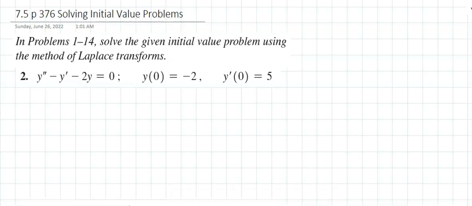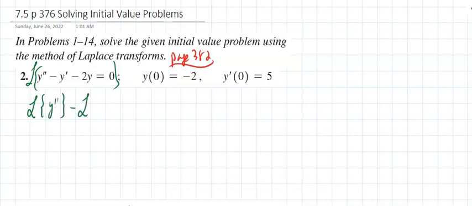So, we are aware that if you look at our formula sheet, this is, by the way, on page 382. So we are aware, if I apply the Laplace, I will get the Laplace applied on y double prime minus the Laplace applied on y prime minus twice the Laplace applied on y.